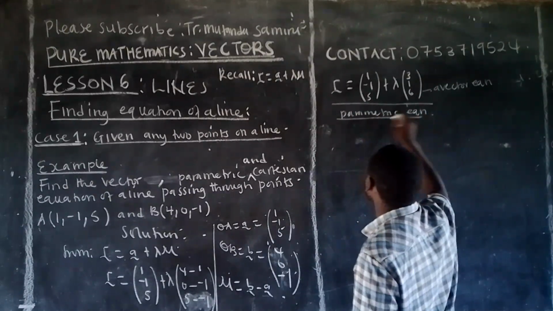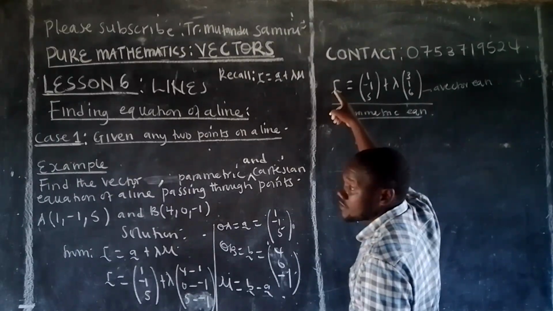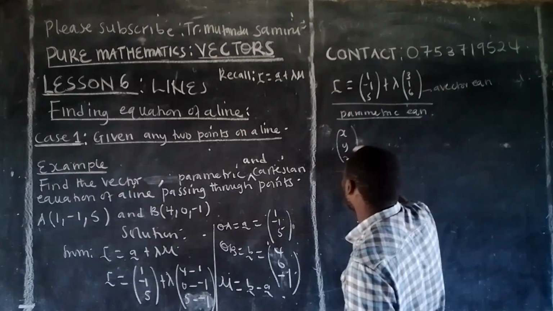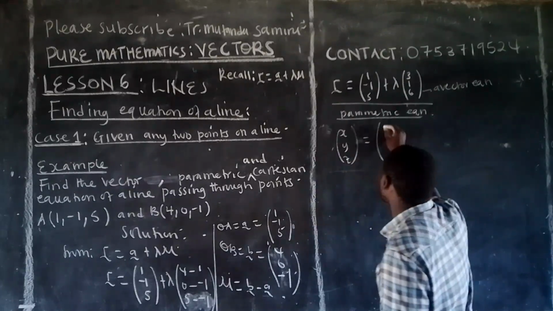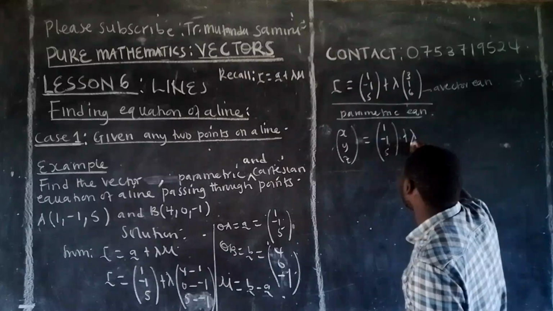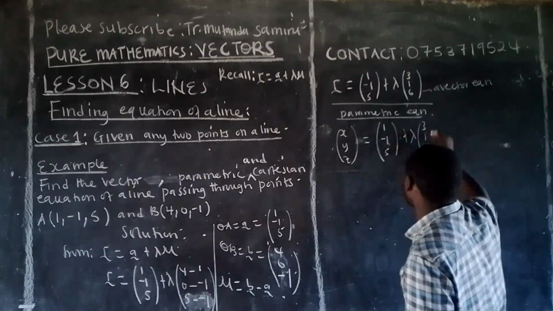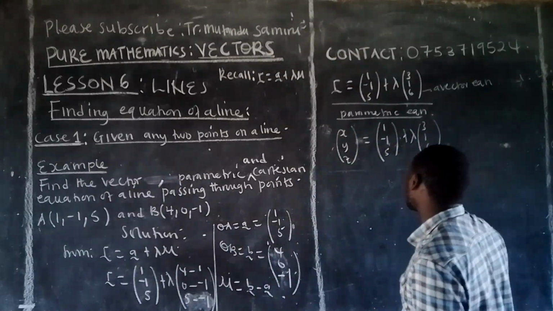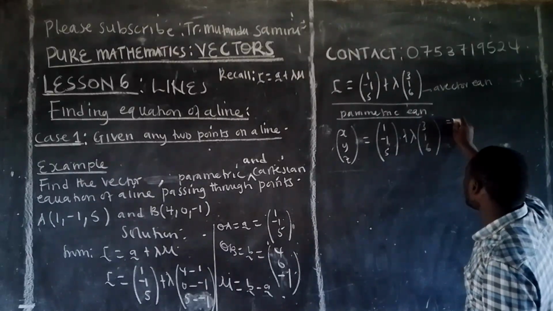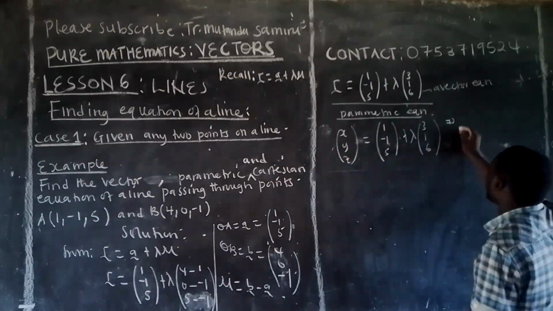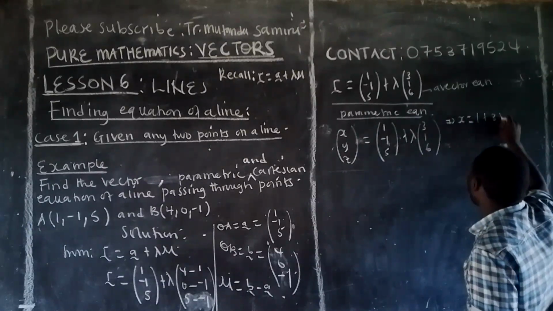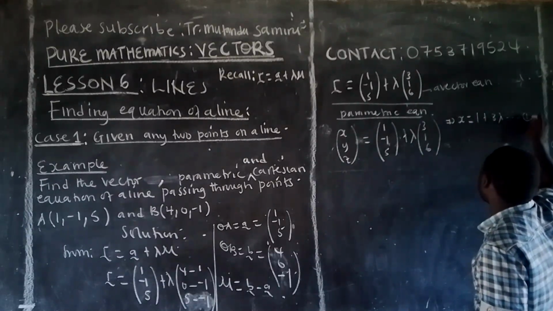Parametric equation would be, now our r is a general point which we call x, y, z, is equal to 1, negative 1, 5, plus lambda 3, 1, 6. Now this will imply that x is equal to 1 plus 3 lambda, that is equation number 1.